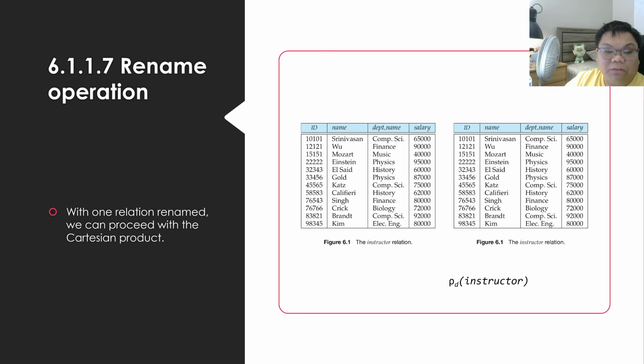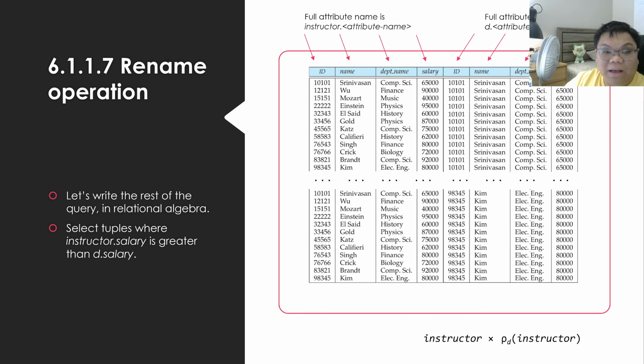And now we can proceed with our Cartesian product. So this is going to get a little bit crazy. But it's going to combine every tuple with itself in every possible way. So we have this row, for example, 10101 Srinivasan, computer science, salary 65,000, and then 4 more attributes that are the same values.